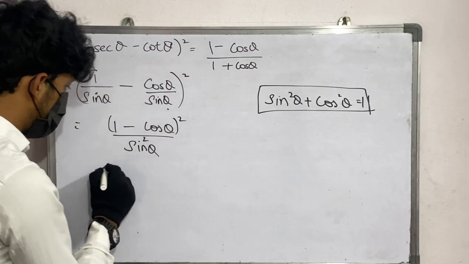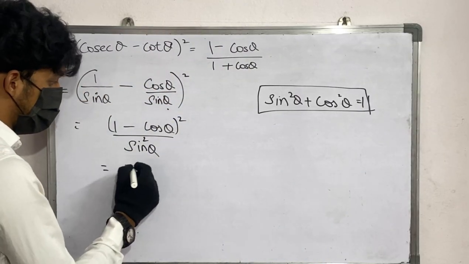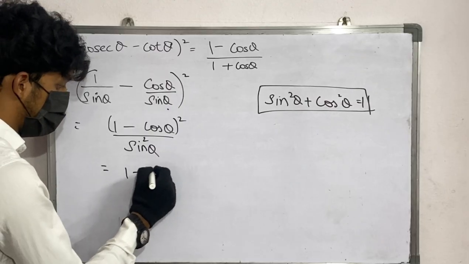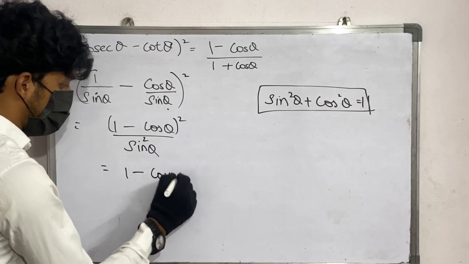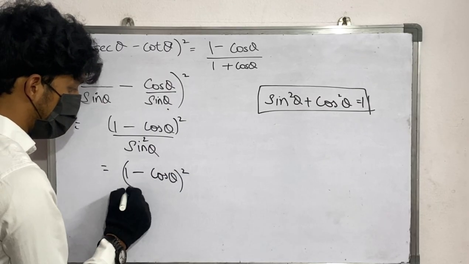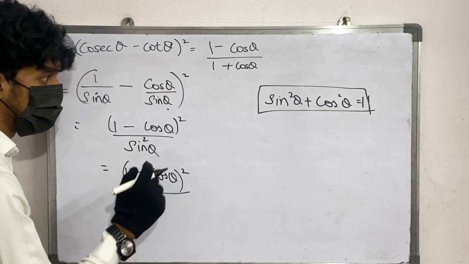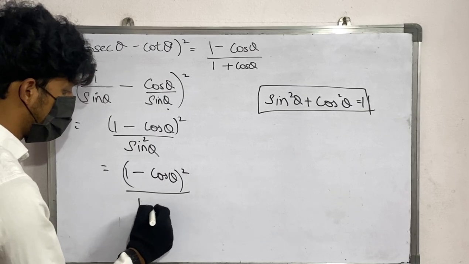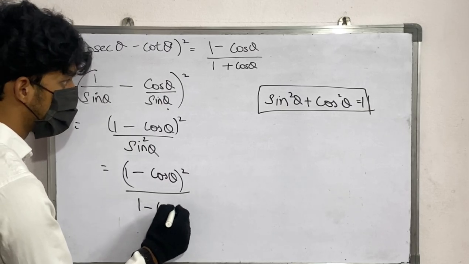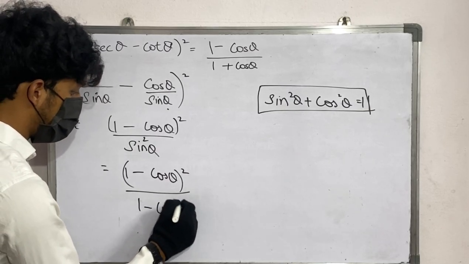Now the first thing we need to do is keep the numerator as it is, and here we write sin square theta in the form of 1 minus cos square theta.